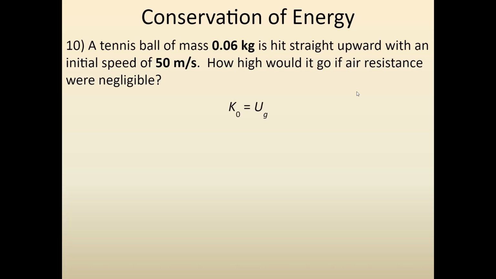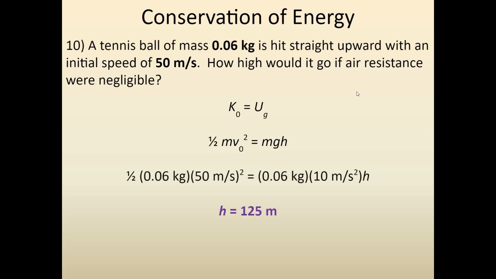Now, what I can do is take my two equations, the 1/2 mv squared for kinetic and mgh for gravitational potential, and set them equal to each other. Turns out that the mass will drop out, and we end up getting this equation of height being equal to 125 meters. Now, two things that I want to point out.